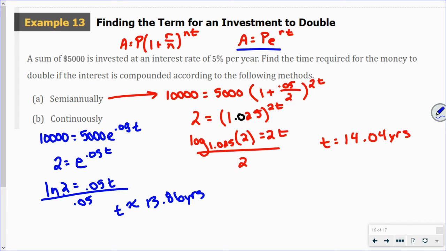Okay, and I think that's about 2.5 months difference. Yeah, so it's not a huge difference there. Comparing 14 years versus 13 years, that is almost 3 months difference.